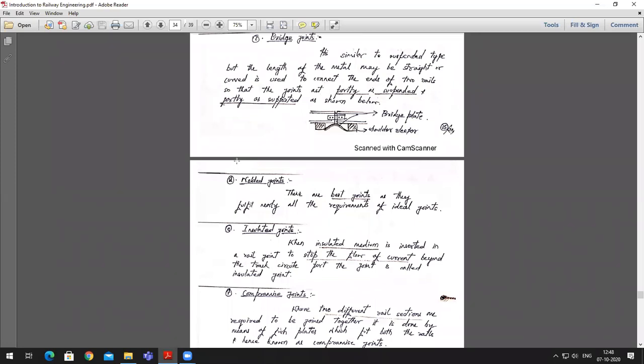But since welding is being adopted, you can reduce the number of joints, but you cannot eliminate all the joints on a railway track.